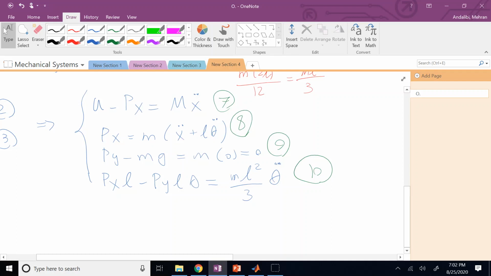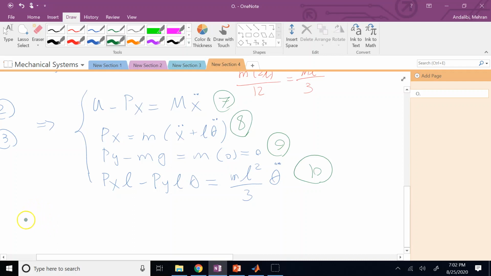First, I plug in 8 into 7 to get rid of px. I also plug 8 into 10 to get rid of px. Then from 9, clearly py is the same as mg, so I plug that result into 10 as well.